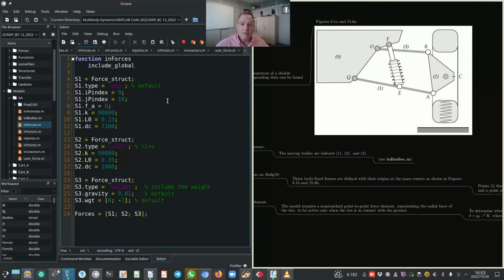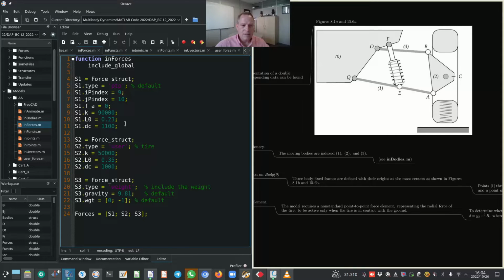I specifically want to revisit the input M-file in forces. I did briefly discuss it in lecture 5, but let's just go through it again and identify specifically the logical spring damper force to simulate this contact behavior.